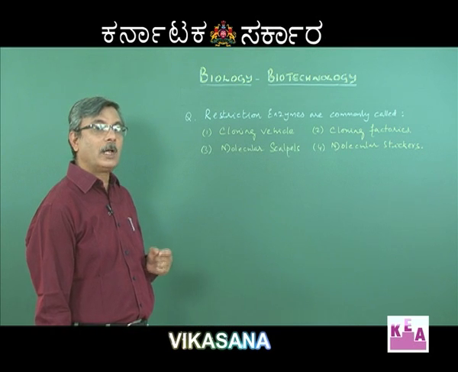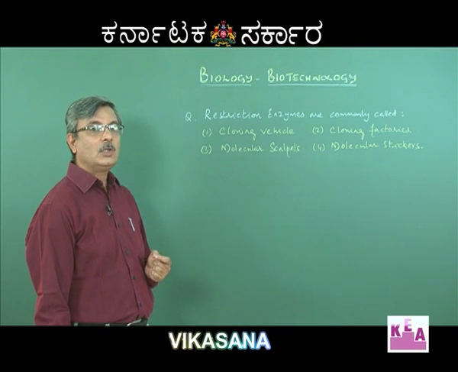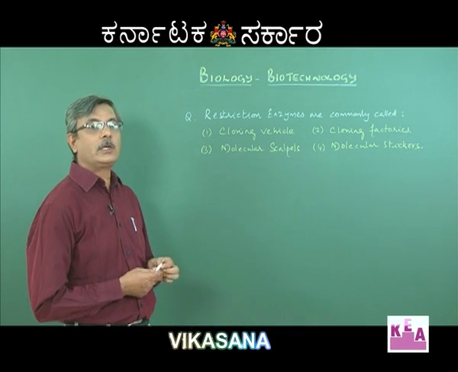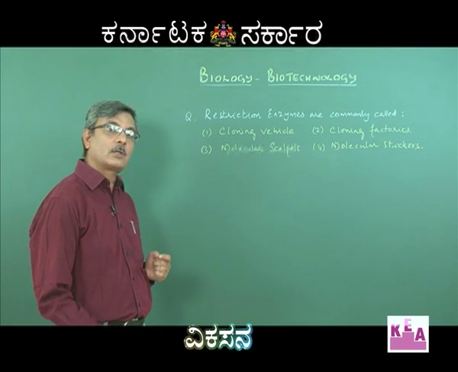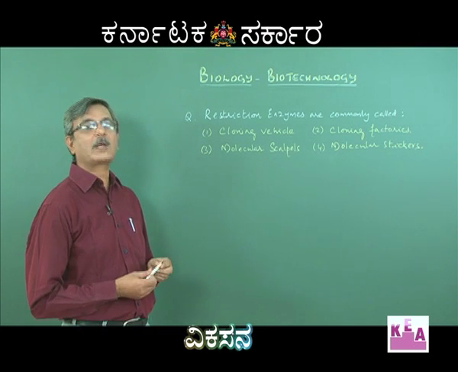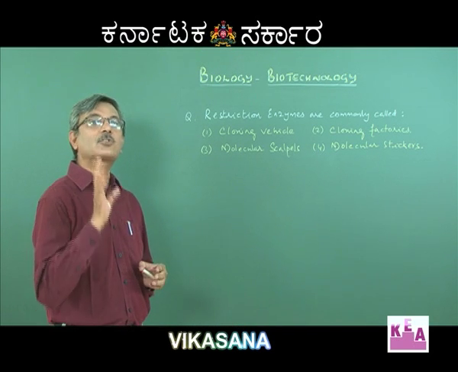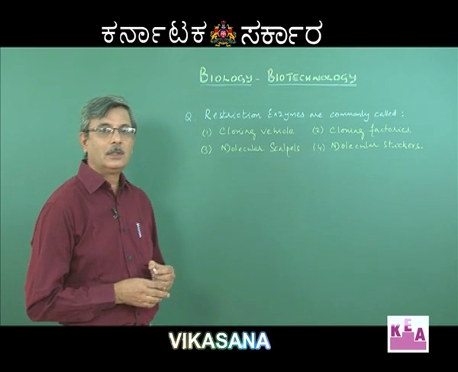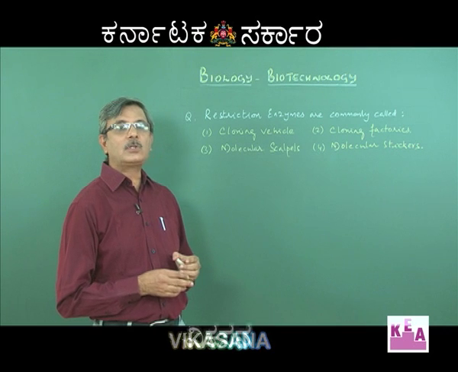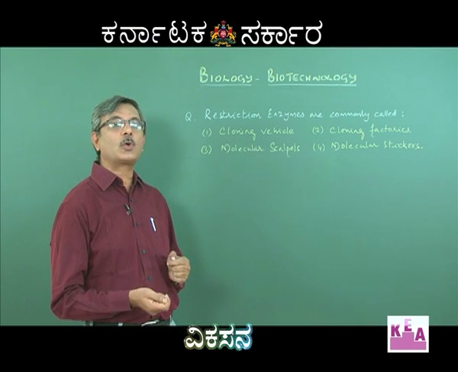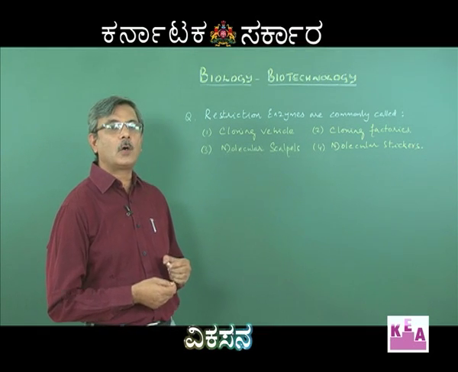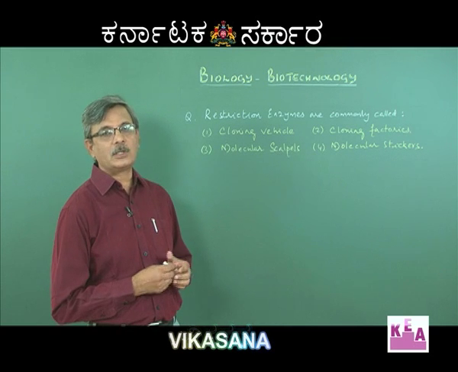Remember, more than 900 restriction enzymes have been so far isolated from about 230 strains of bacteria. Remember, restriction enzymes are digestive enzymes. They are produced by the bacteria to protect themselves from the attack of bacteriophage, that is virus.